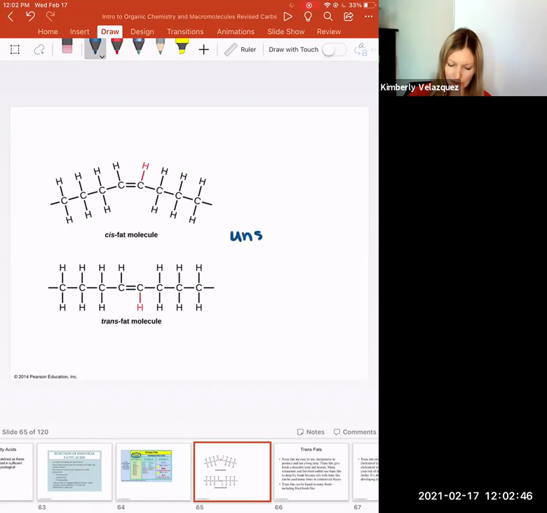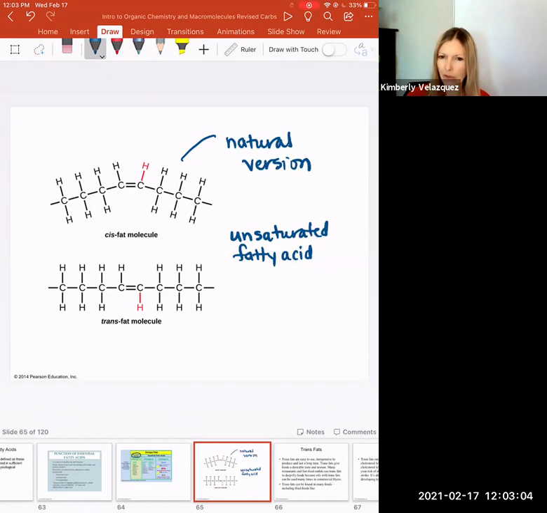So what they did is they took an unsaturated fatty acid. And remember the cis configuration, this would be the normal natural version, the cis isomer. And what they did is they did a process called hydrogenation.